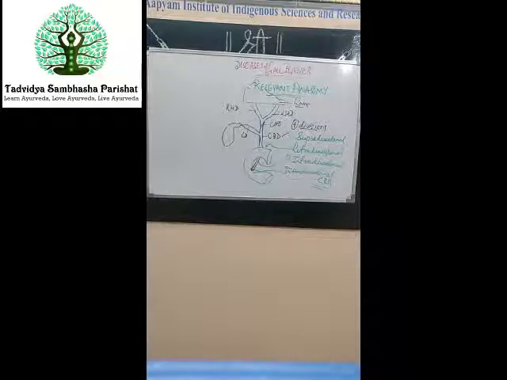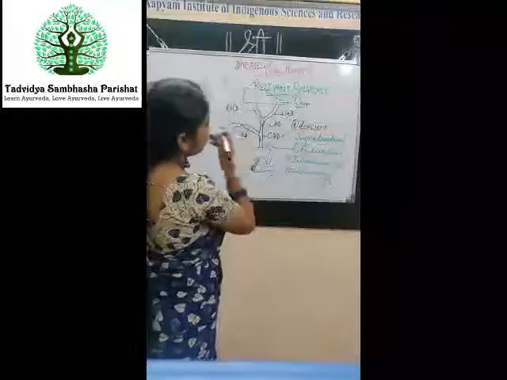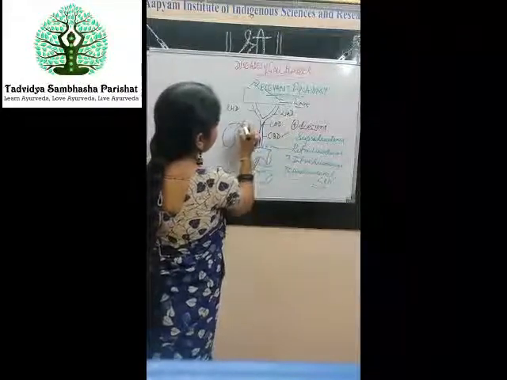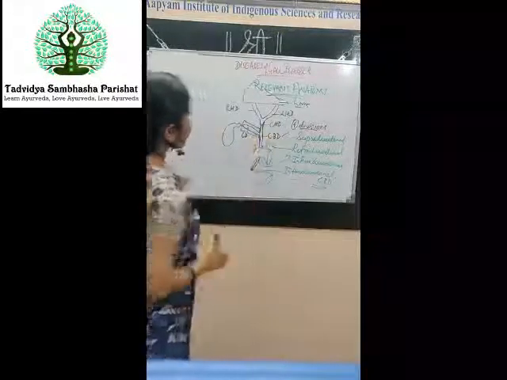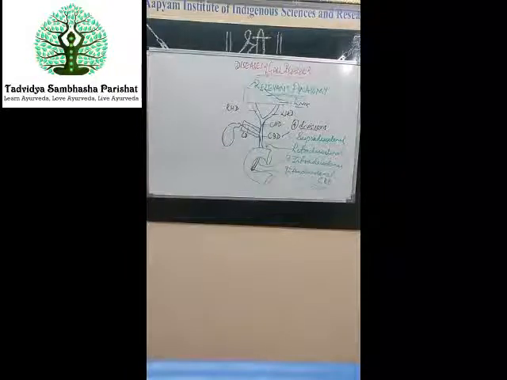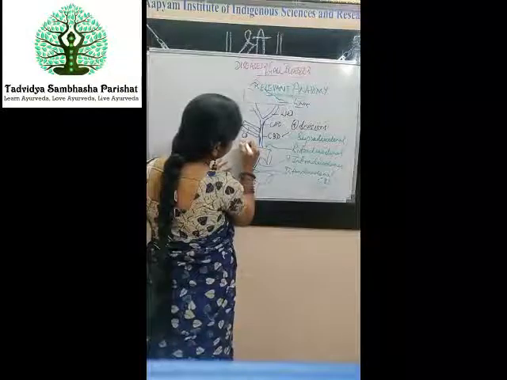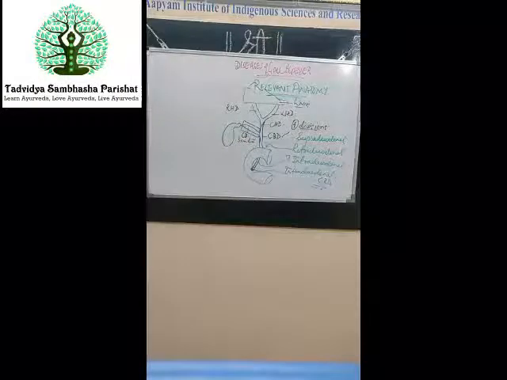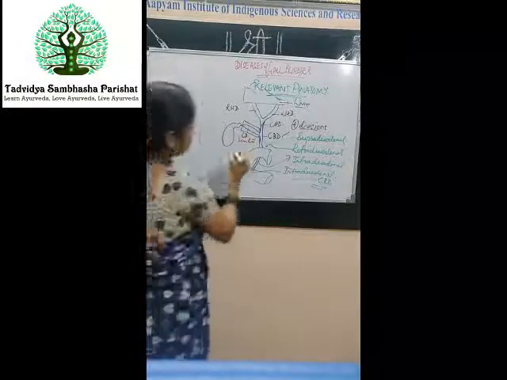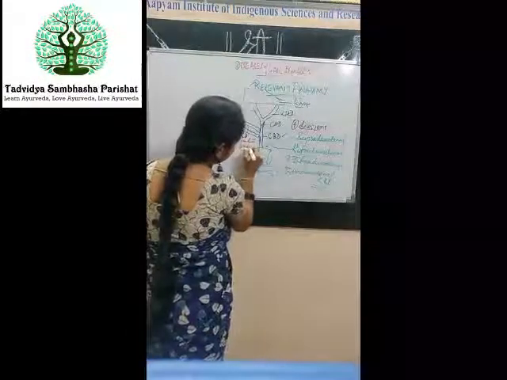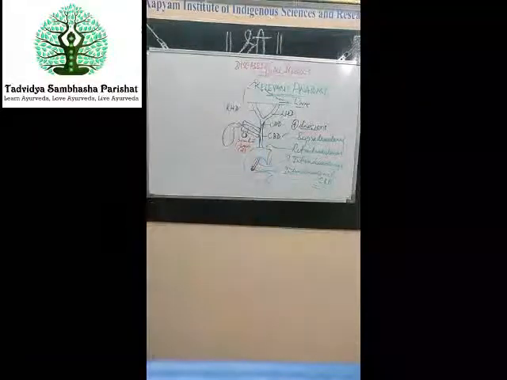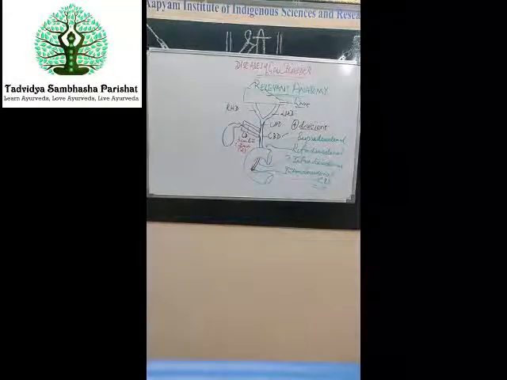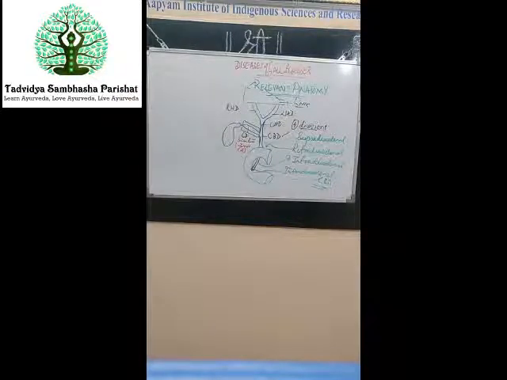Now let us see each of these. First, let us see the cystic duct. This cystic duct is almost 3 centimeters in length, varies, and is about 1 to 3 mm in diameter. Inside the cystic duct, there is something special with respect to the mucosa.